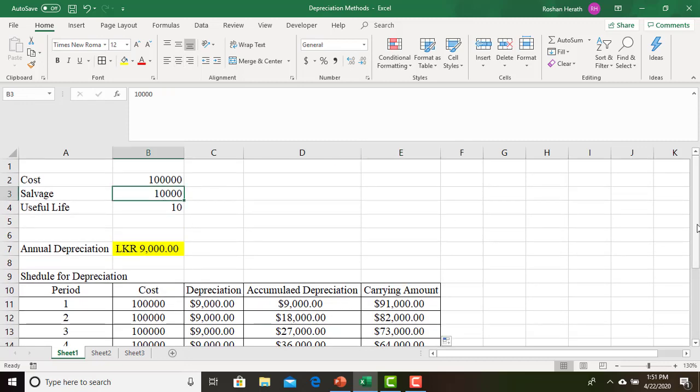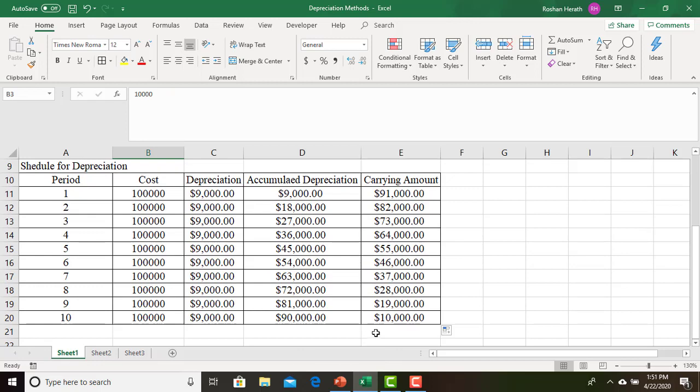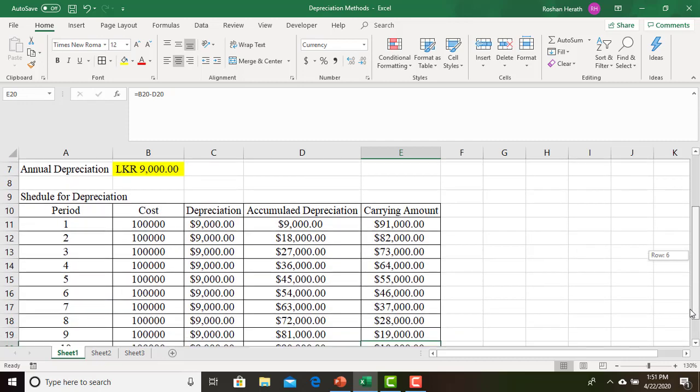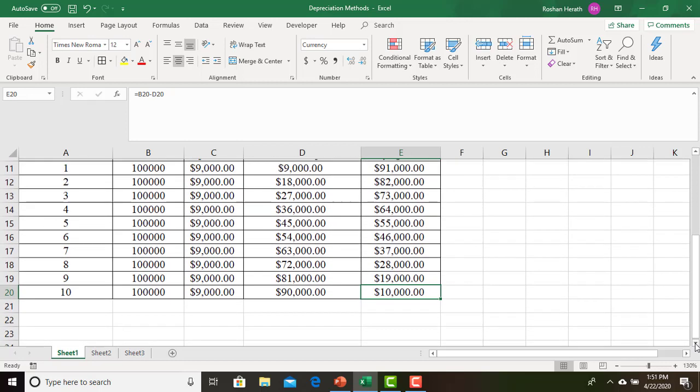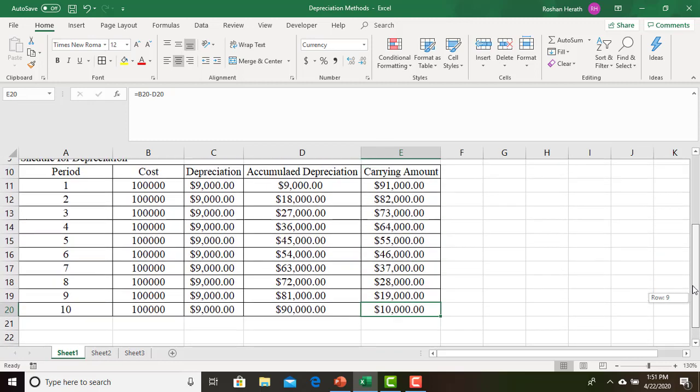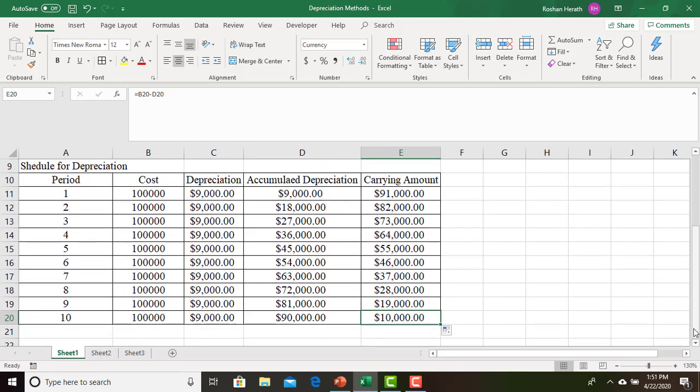So therefore, why did it become equal to the salvage value? Because all that you depreciate is the depreciable amount. That is, when it comes to the depreciation, you took the cost, then you deduct the salvage value, and then you distribute that throughout the useful life. So therefore, we agree that we only consider the depreciable amount. So when it comes to the depreciable amount, it is always the cost minus the residual value.